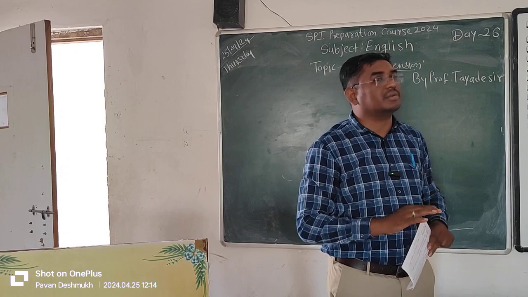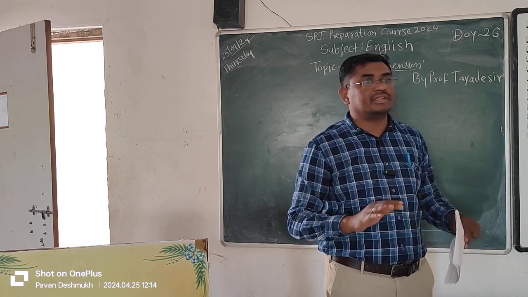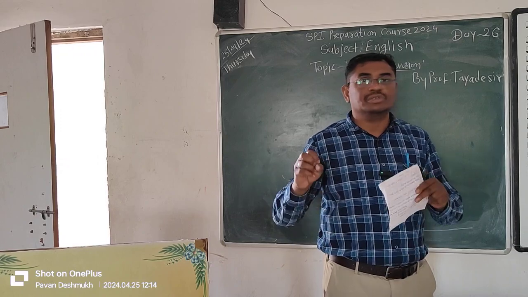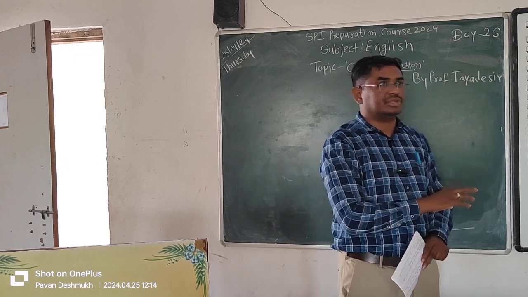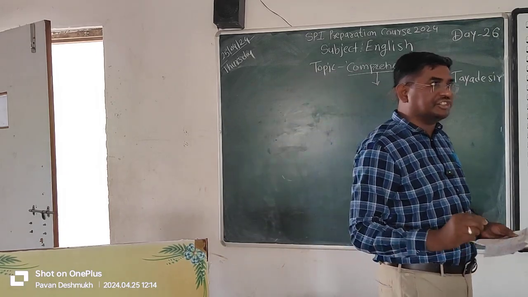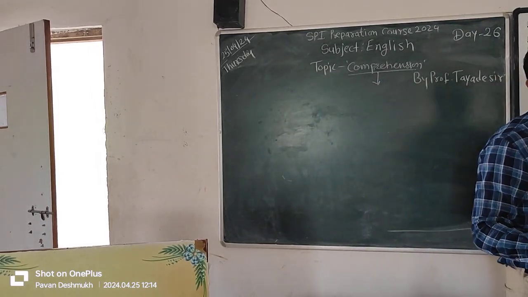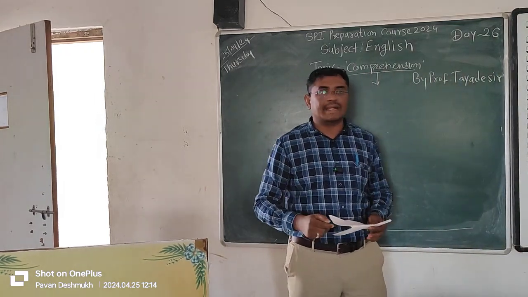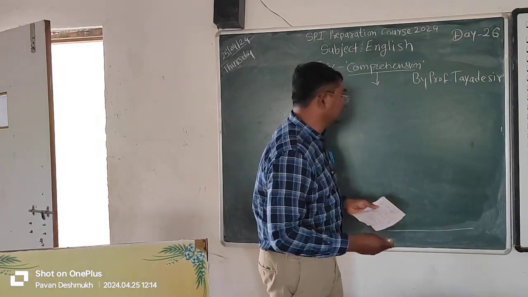But actually, it is a totally, completely wrong method to solve such a comprehension seen or unseen passage. So here I would like to give some steps to you. You can note them in your notebook, which will be helpful to you to solve that comprehension passage.